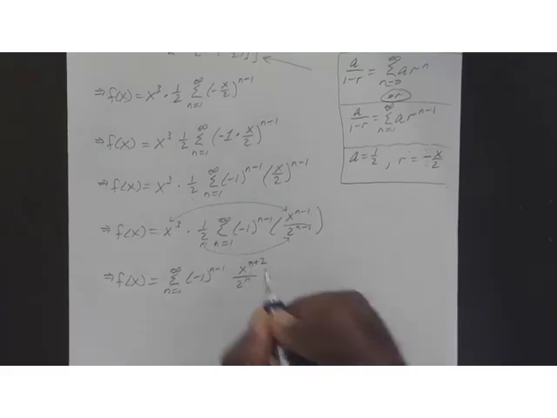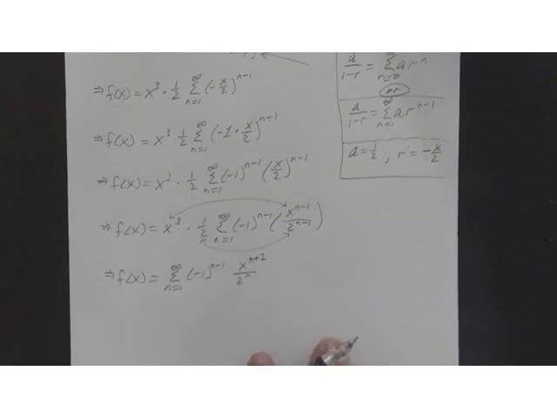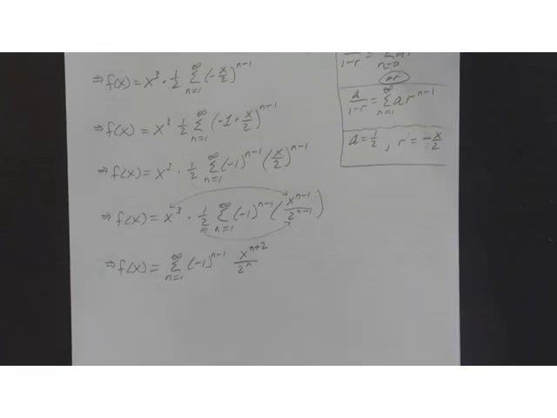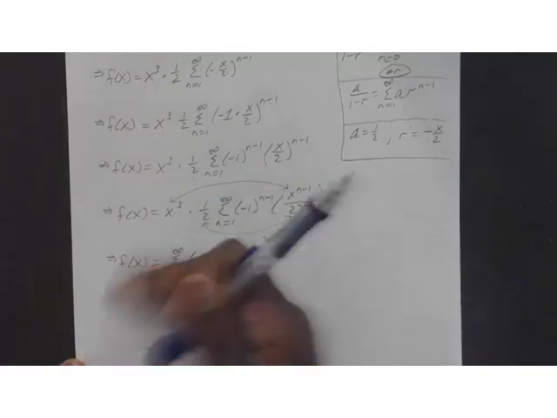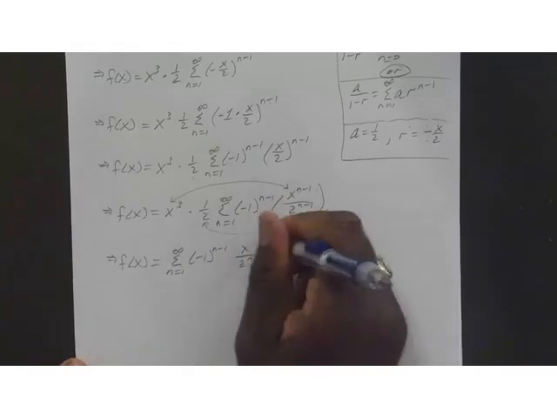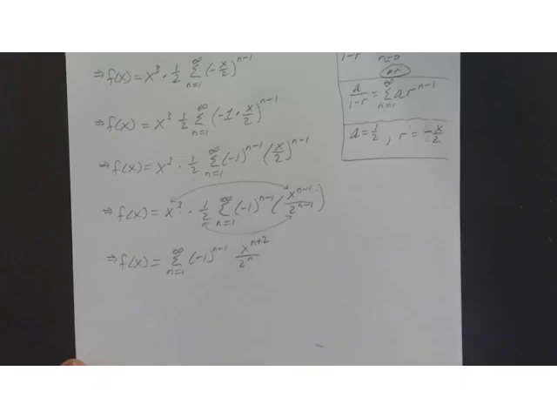So it's n plus 2, because it's n minus 1 plus 3, not x squared. Duh. Okay, so let me clean that up a little bit. And plus 2. There we go.